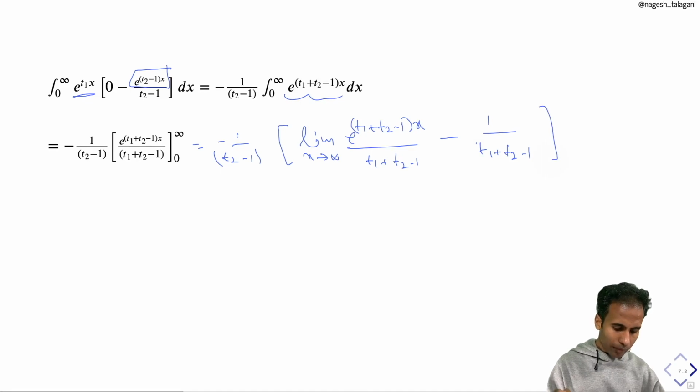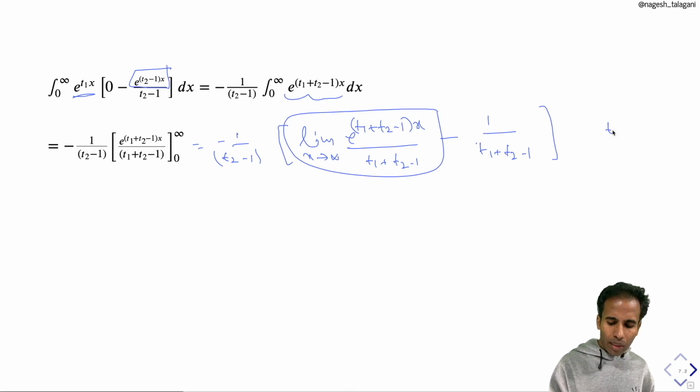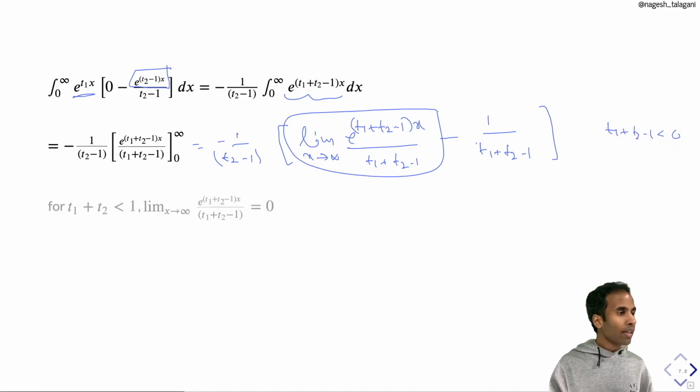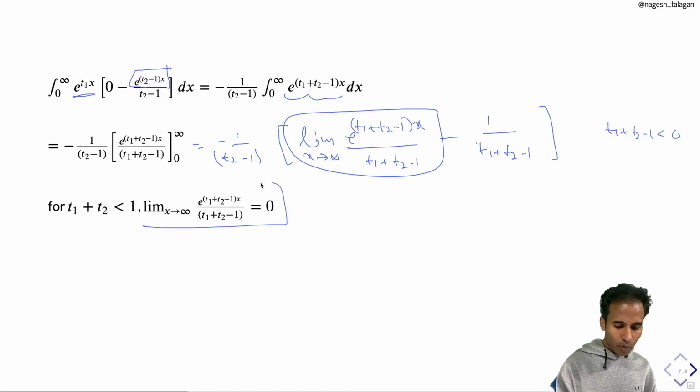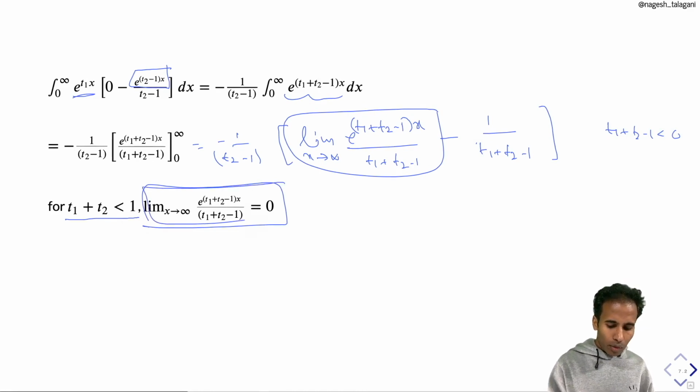Okay, fine. Now this limit exists only when t1 plus t2 minus 1 is less than 0, and in that case the limit is going to be 0. So this limit exists only when t1 plus t2 is less than 1, and the limit is 0.